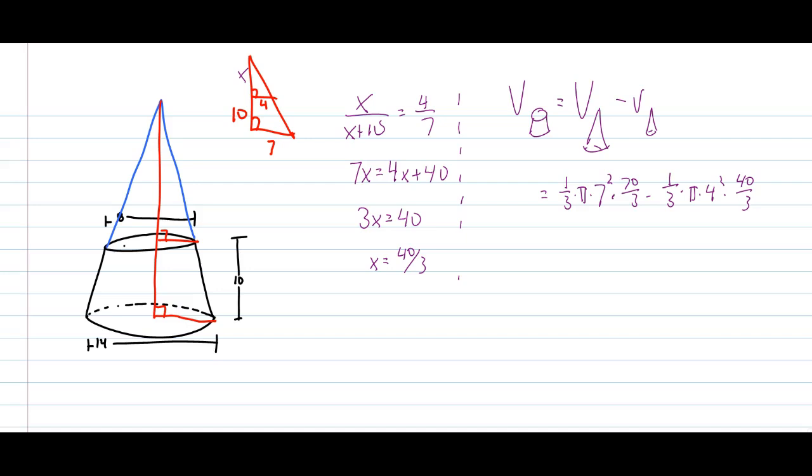Now we're going to look to simplify this a little bit. I have 3,430 pi over 9 minus 640 pi over 9. And if we subtract those, combine and simplify it, it comes out to 310 pi, which is approximately 973.89 units cubed.